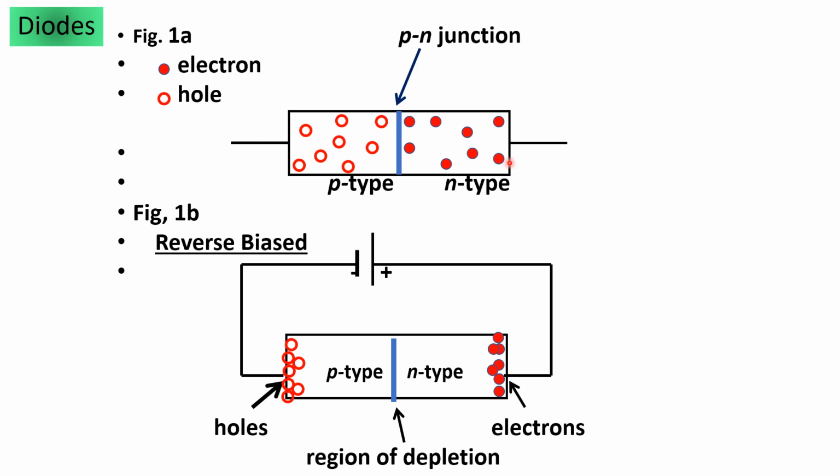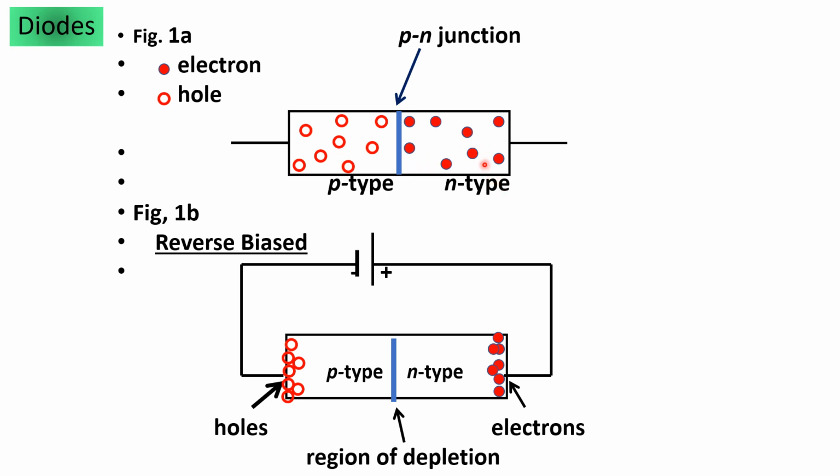If the diode is not yet connected to any power source, such as a battery, this is how we can imagine the charge carriers are distributed. They are distributed at random. For the p-type material, we say that the holes are equally distributed, spread out at random.